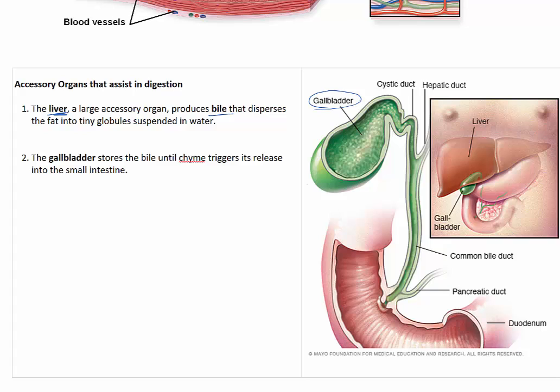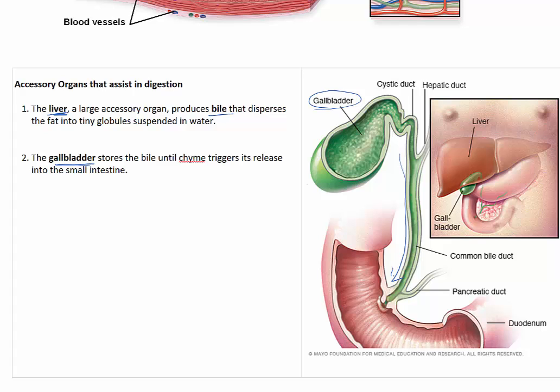The gallbladder is an accessory organ that stores the bile until chyme triggers its release into the small intestine. Gallstones can actually form in the gallbladder, and gallstones occur when cholesterol in bile crystallizes, forming a hard stone. And the stones can partially or completely block the duct in the small intestine, and they sometimes have to be surgically removed.